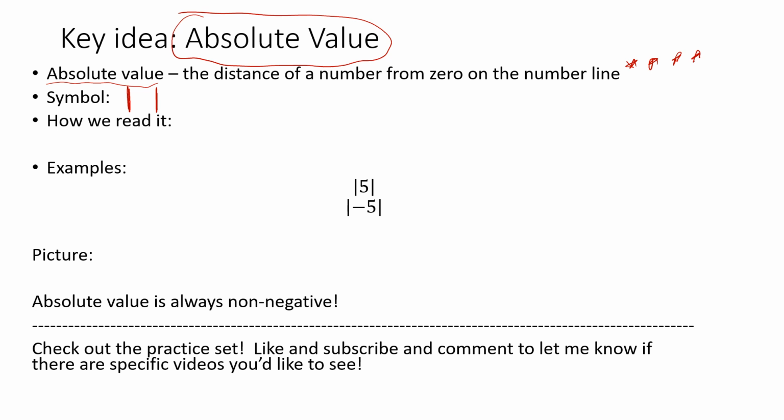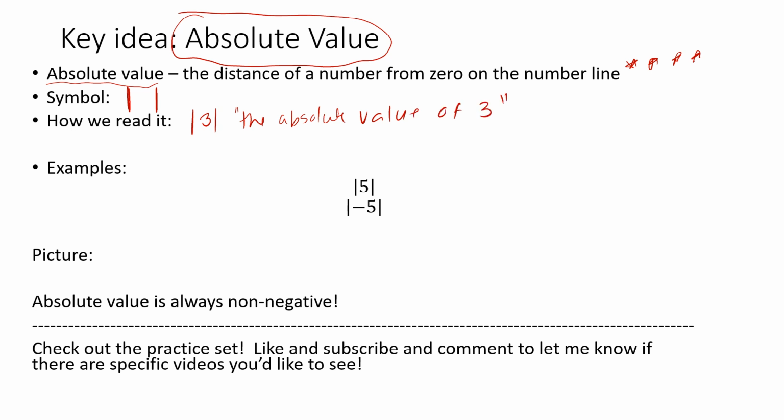So if you've seen my video on order of operations, you know that the P in PEMDAS stands for all kinds of grouping symbols. And we have just introduced a new grouping symbol. So how do we read it? We might read something like this as the absolute value of 3.